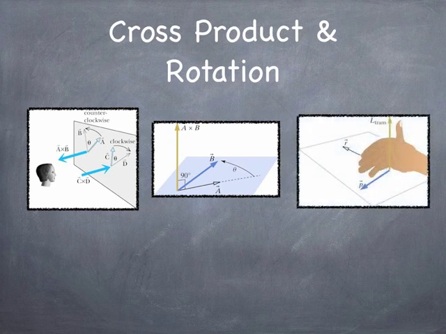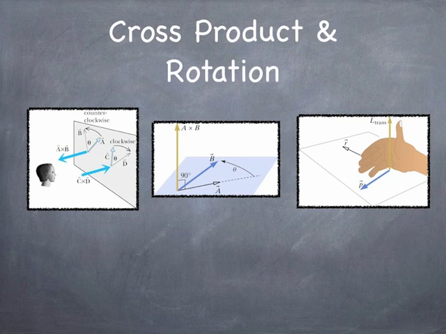Okay, so let's think about how we get the labeling right. The idea is, if you point your fingers of your right hand in the direction of the first vector and face your palm toward the direction of the second vector, if you wrap your fingers from the first vector to the second vector, your thumb will point in the direction of the cross product.